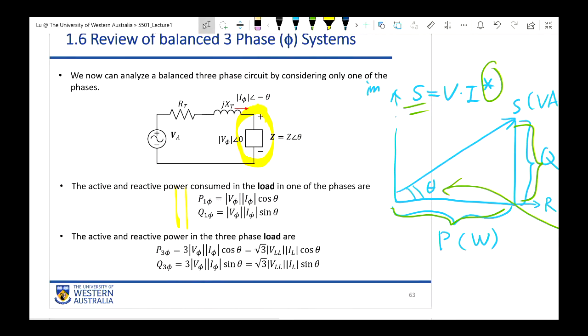See here, the first formula. So 1 phi means one single phase, okay? P is the real power. The real power of this single phase is equal to the magnitude of the AC voltage multiplied by the magnitude of the AC phase current by cosine theta. Why cosine theta?